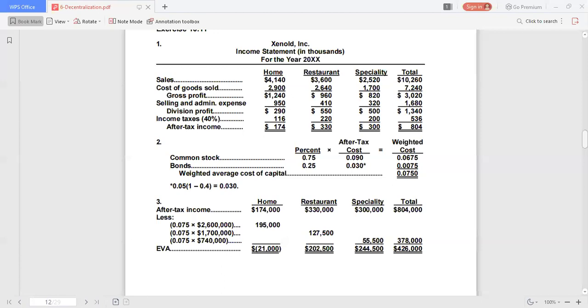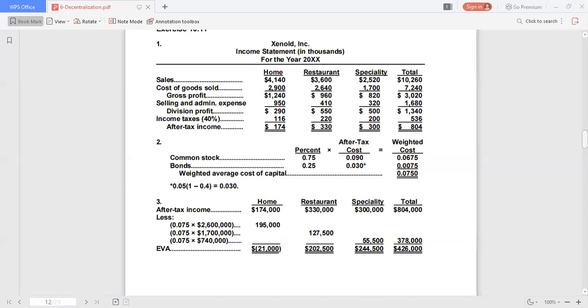Then in requirement number 2, calculate the weighted average cost of capital. So we have now the common stock, given a weight of 75%. For the common stock, the two sources of financing, bonds paying 5% interest, which account for 25% of the investment.